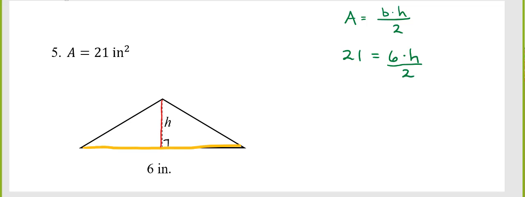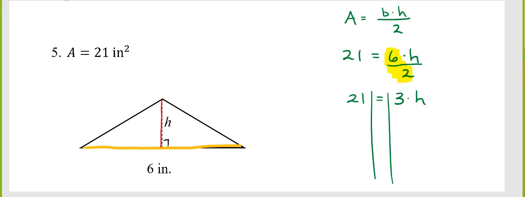Now on the right-hand side, again, I can divide those numbers. 6 divided by 2. So I get 21 equals 3 times h. Go do your railroad tracks.